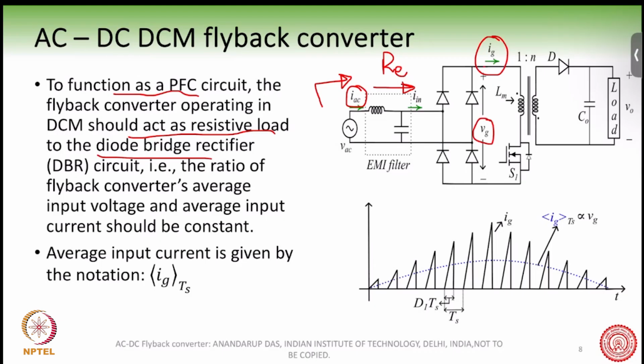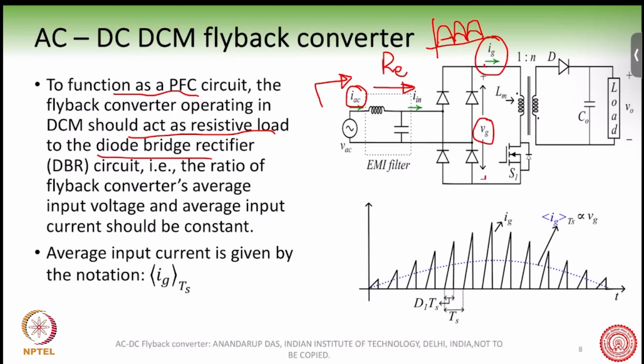Typically, the VG will be something like this. The average value of IG should also be something like this, a sinusoidal waveform here. Okay, average value. Instantaneous value will be different.